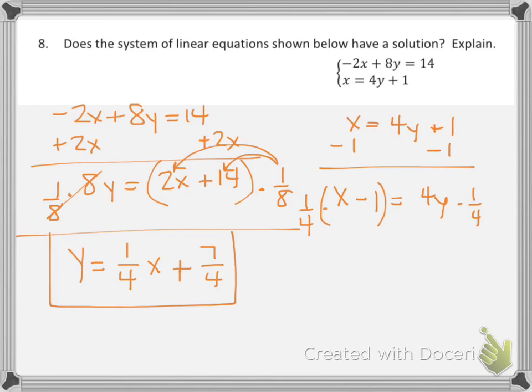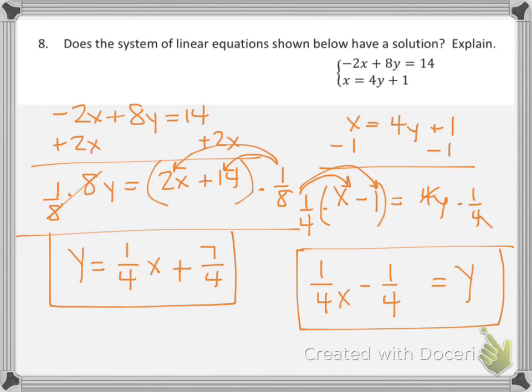And let's see, we get y equals 1/4 times x is 1/4 x, and 1/4 times negative 1 is a negative 1/4. So there's my slope-intercept form, and I can see that my slopes are the same.